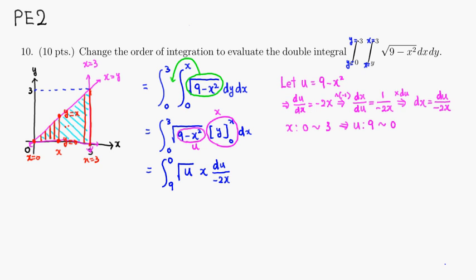So we can cancel x on top and x on the bottom. I'm also going to use this negative sign to switch the lower and upper limits, because I like to go from 0 to 9 instead of 9 to 0. Then I have 1/2 right here, a constant, which I place in front of the integral.